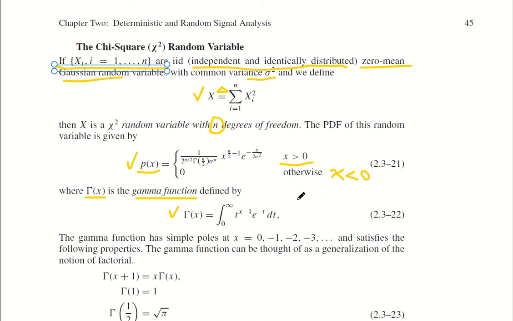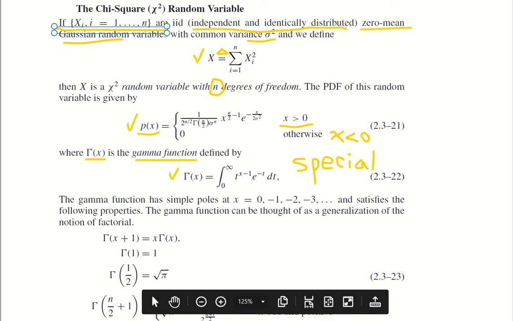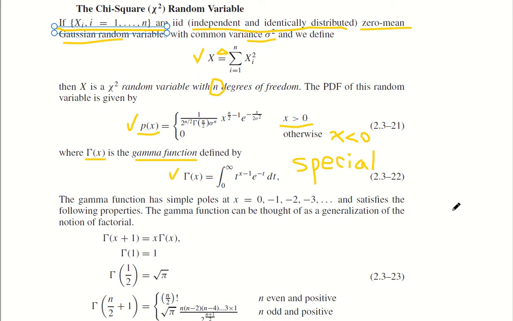And that gamma x is the gamma function defined by this. I'd like to mention that these are called special functions. It has a whole category, as I mentioned. We're going to have some of them later on, but it has hundreds.